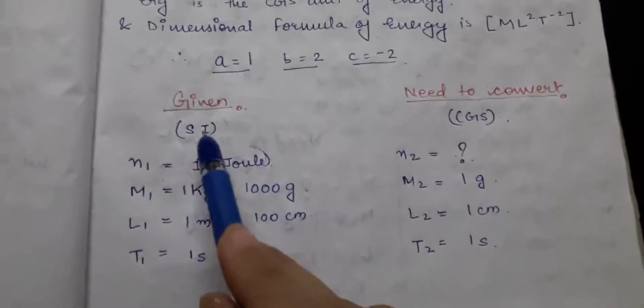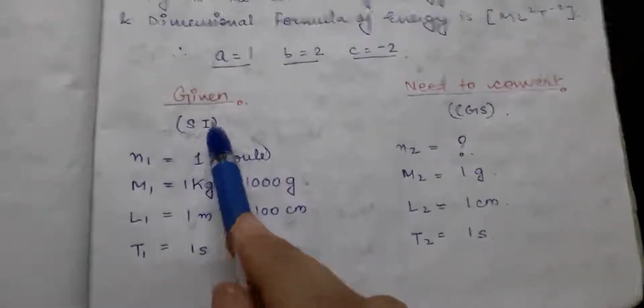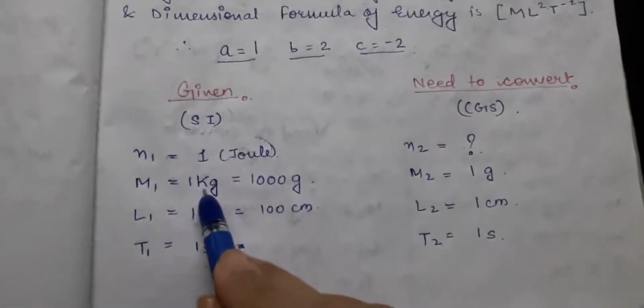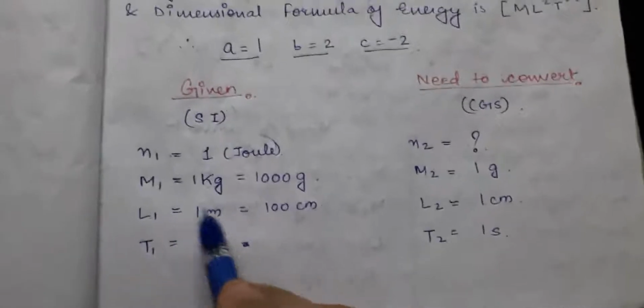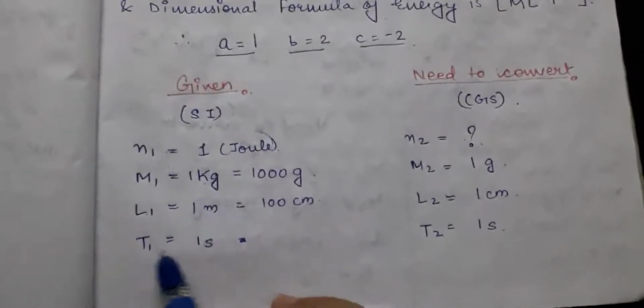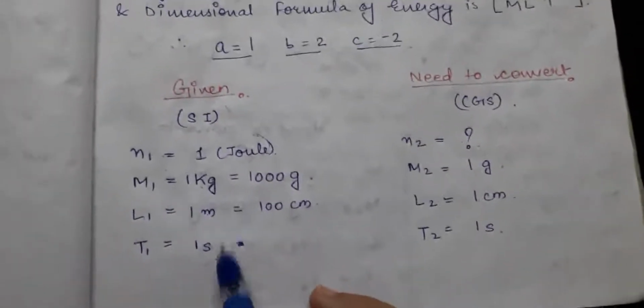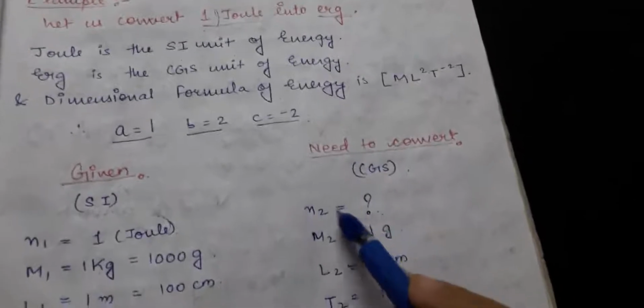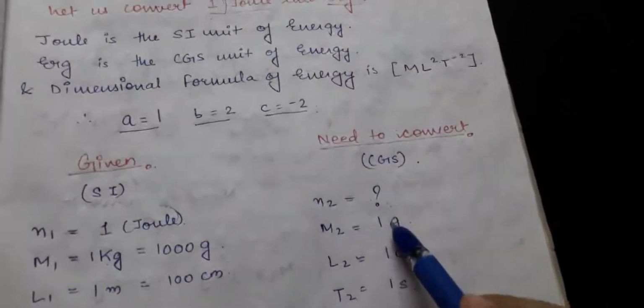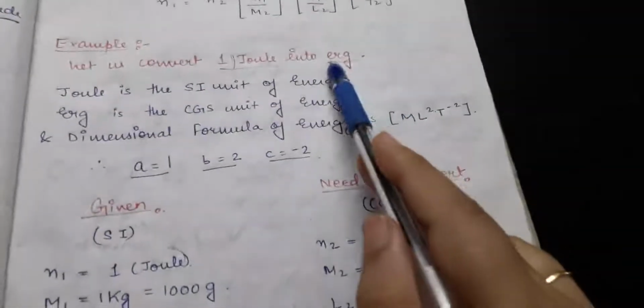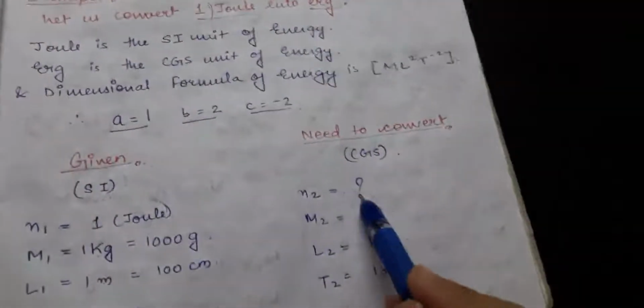Always remember, whenever the SI system is given, the mass is taken as 1 kg, the length as 1 meter and the time as 1 second, because these are standard values. In CGS we don't know how many ergs there are, so n2 we have to find out.